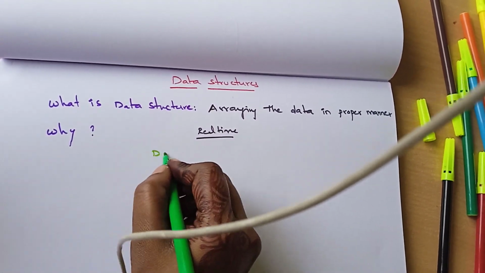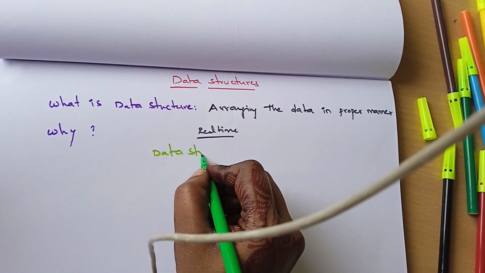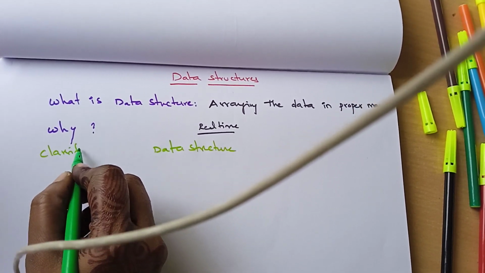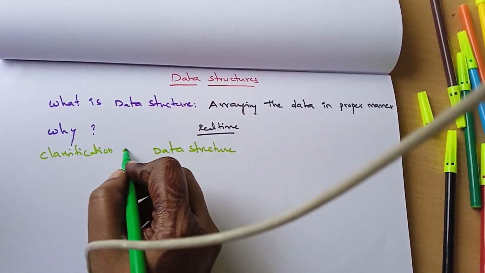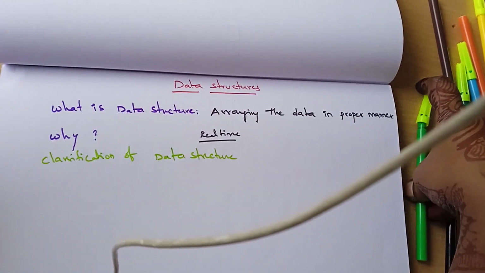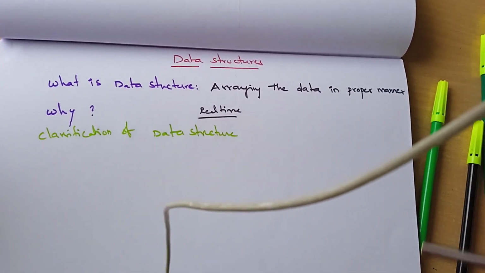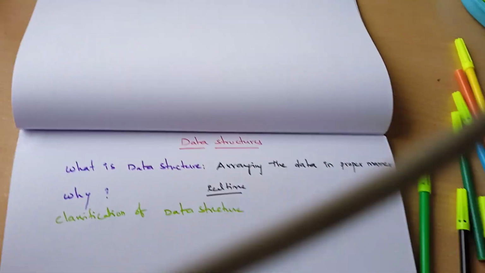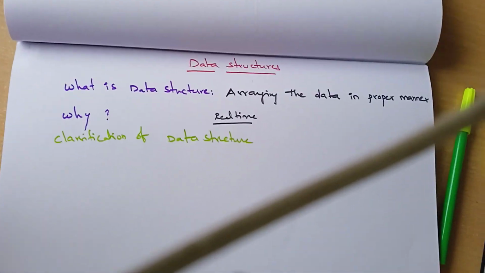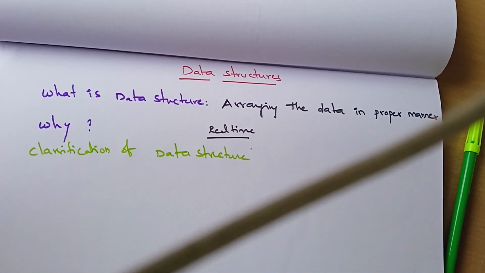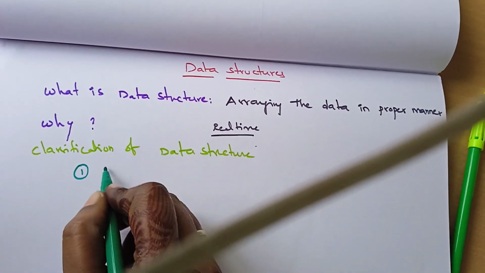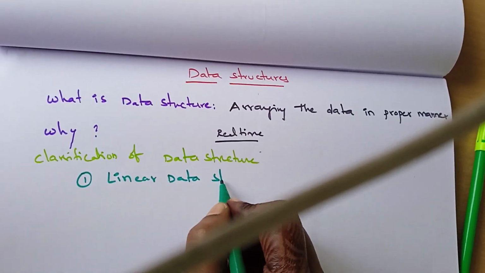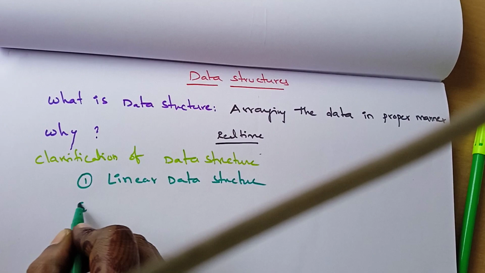Right. Now, classification of data structure. Let's understand classification of data structure. So this classification is basically two types. The one is linear data structure, and the other one is non-linear data structure.